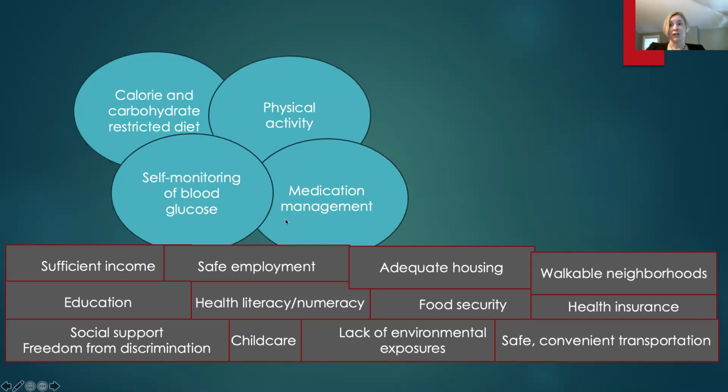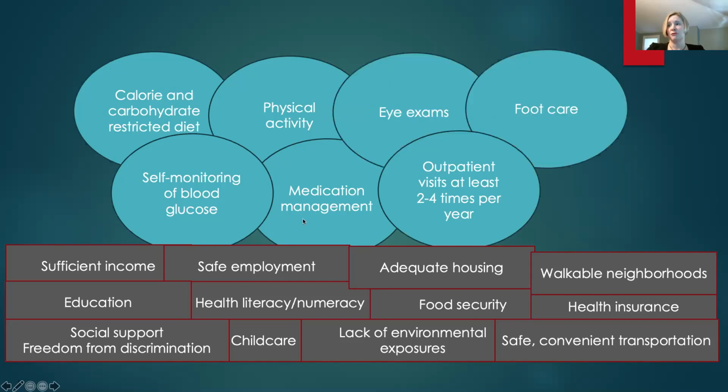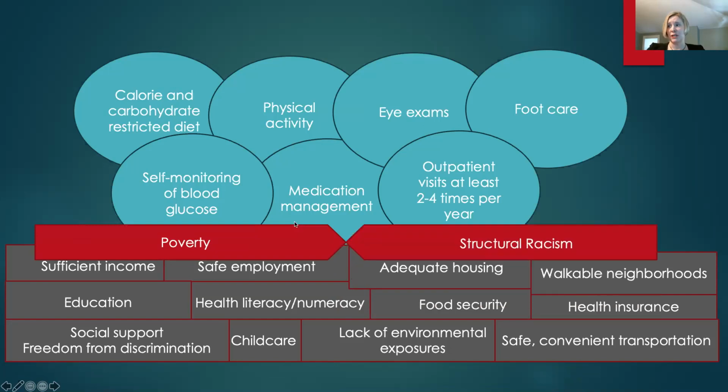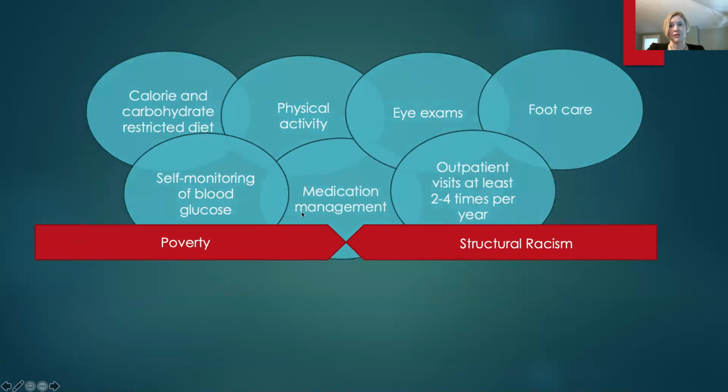And we want our patients to see us at least 2 to 4 times a year for management, in addition to annual eye exams and foot care where necessary. This is a lot even if you have a full social scaffold. But if you add poverty and structural racism that break down the social scaffold, it makes all of these other things that we ask our patients to do incredibly difficult and at times insurmountable.